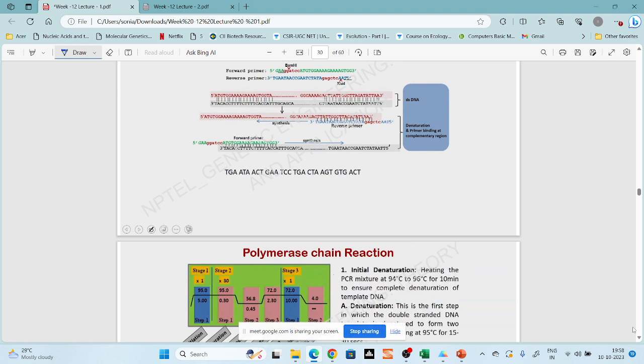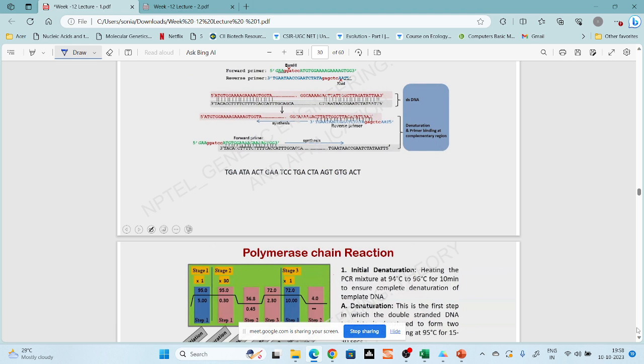Otherwise, I could have shown you how to design a primer here. The basic criteria are the GC content and the melting temperature difference. The melting temperature difference between the forward primer and reverse primer should not be greater than 2 to 5 degrees Celsius. I take 2 degrees, some take 5 degrees also.